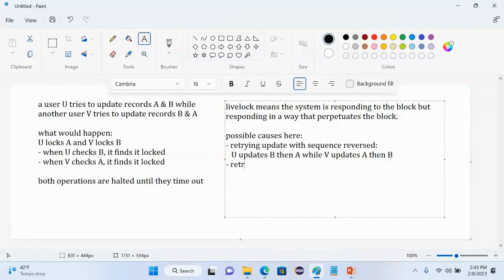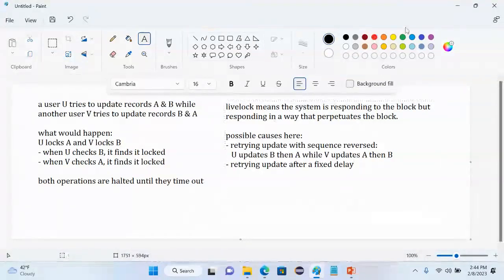Or number two, retrying the update after a fixed delay. If you say, okay, we're going to try this again in exactly 5 seconds or exactly 3 minutes and see what happens, and they try it again, well, guess what? Both of these actions are going to happen at the exact same time again, and you're going to have the same problem.